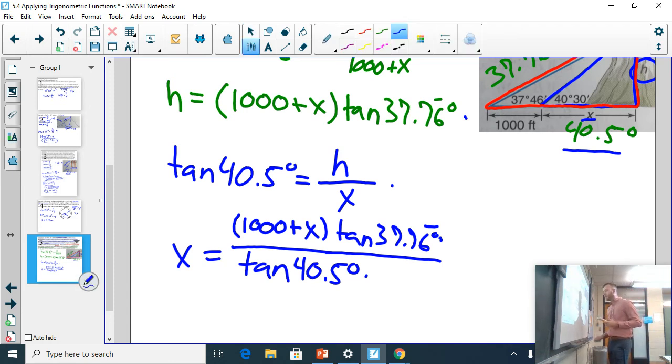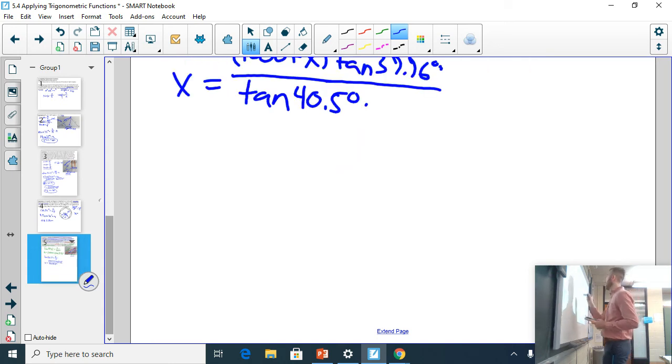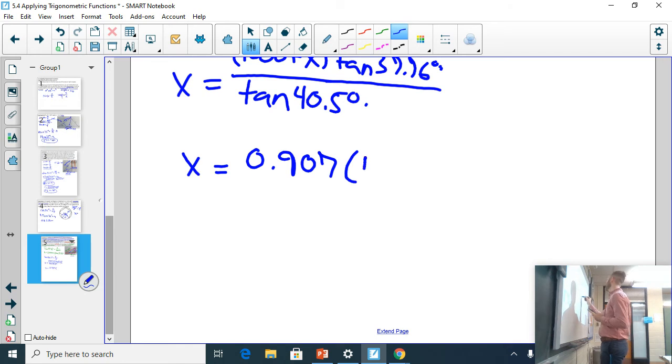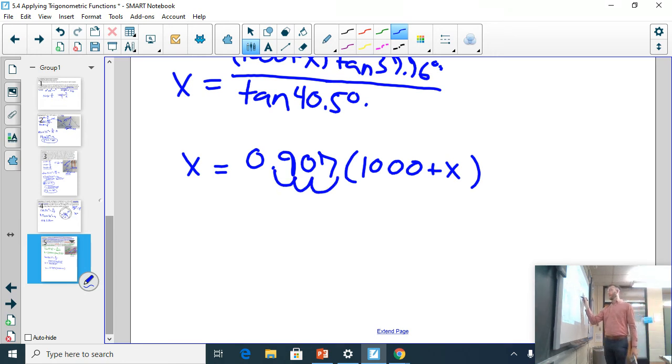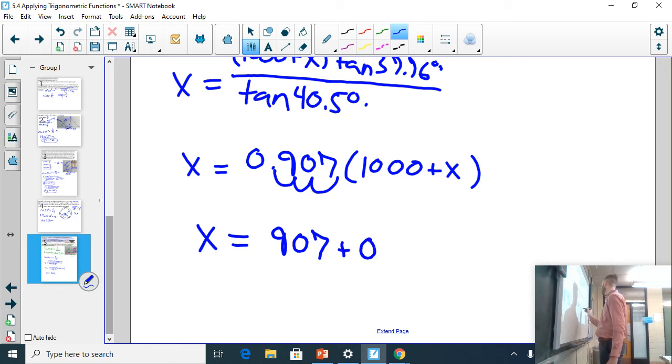And that's going to leave me with x equals 0.907 times 1000 plus x. So we're going to get, when we distribute, 907 plus 0.907x.